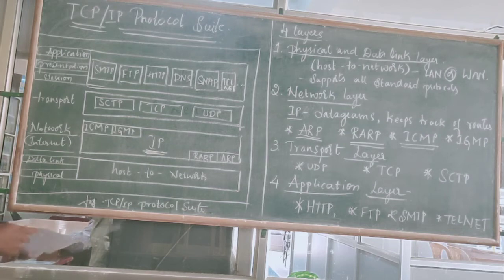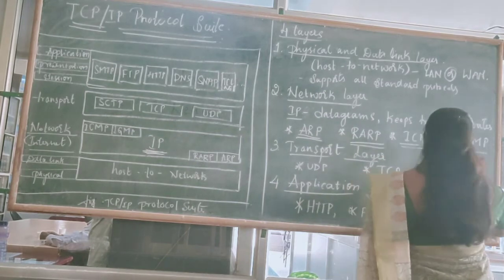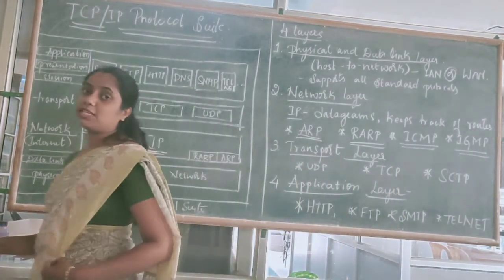So the last one in this network layer is IGMP. IGMP stands for Internet Group Message Protocol.